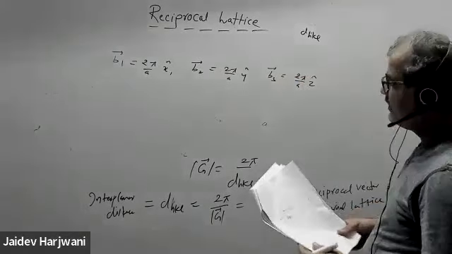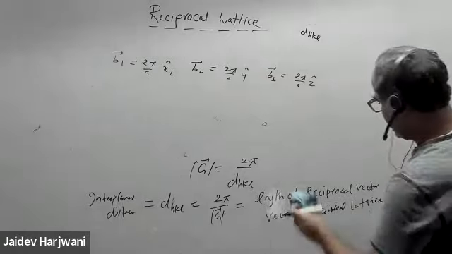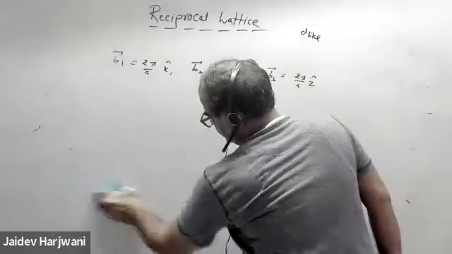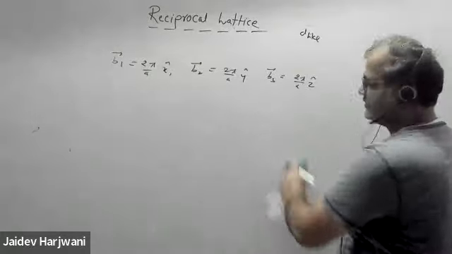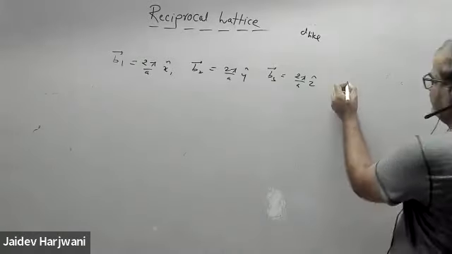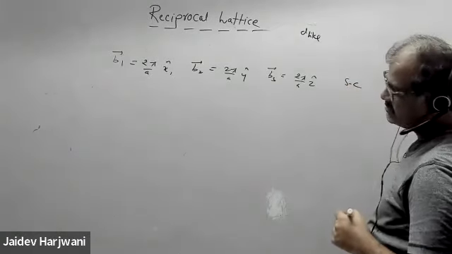These are the reciprocal lattice vectors. Now I want to calculate the length of the reciprocal lattice vector. So this is a simple cubic, the reciprocal lattice of simple cubic.